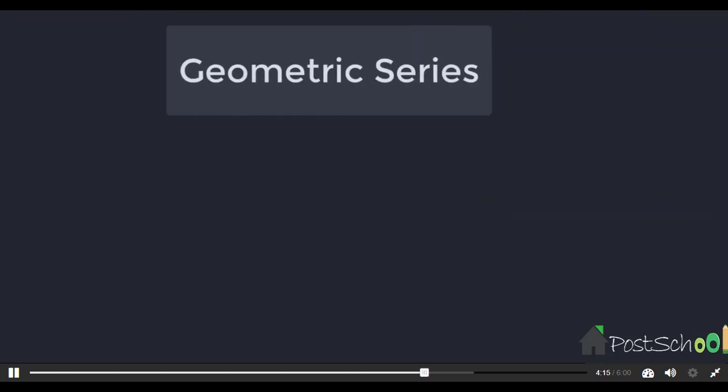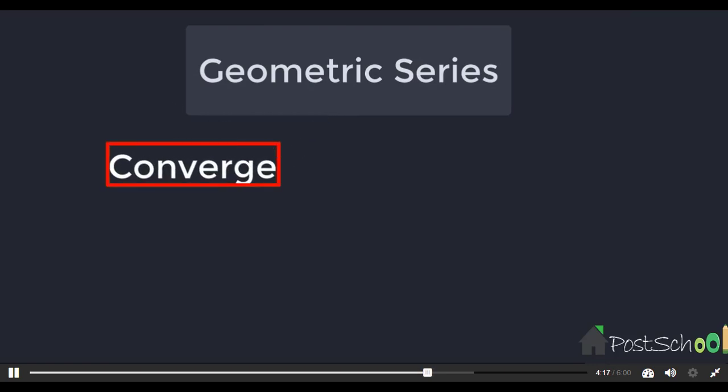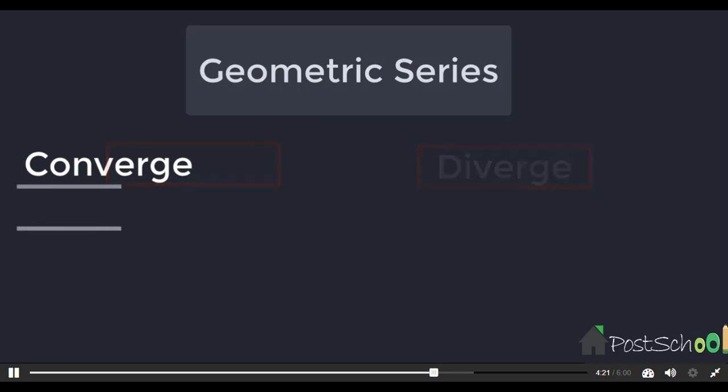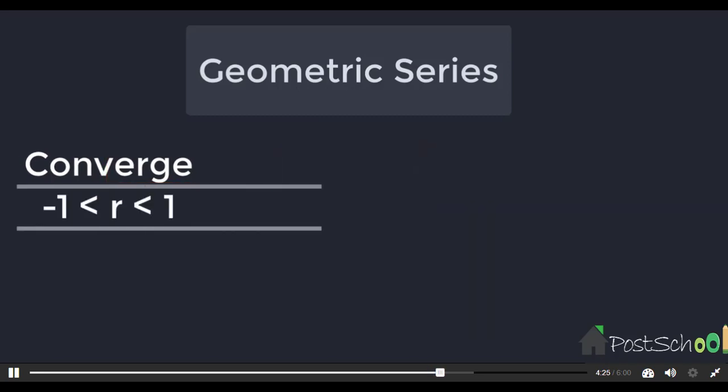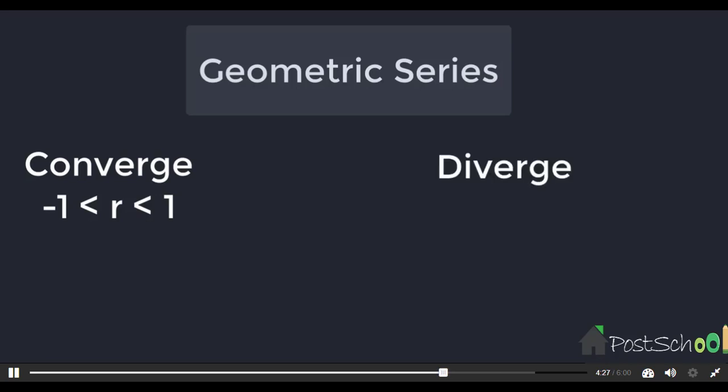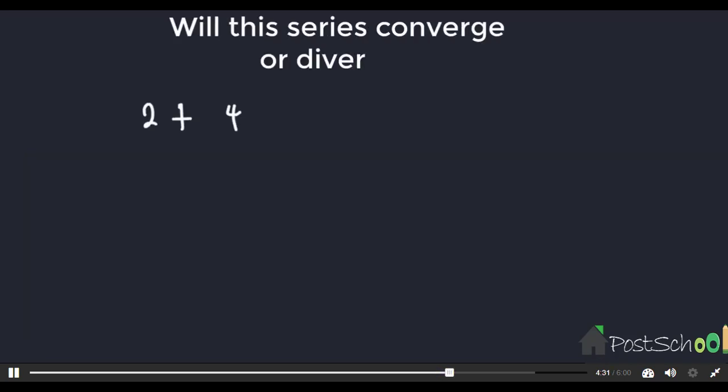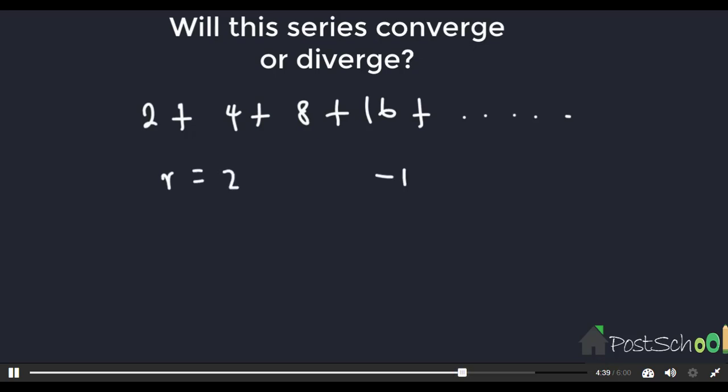So there are types of series which converge and there are types of series which diverge. For those which converge, they have r in the range of -1 and 1, and for those which diverge, they have r not in this range. The first series will diverge because r is equal to 2, which is not in this range.